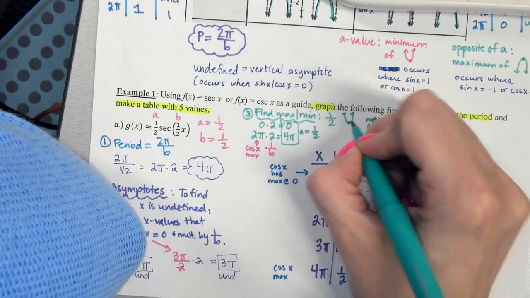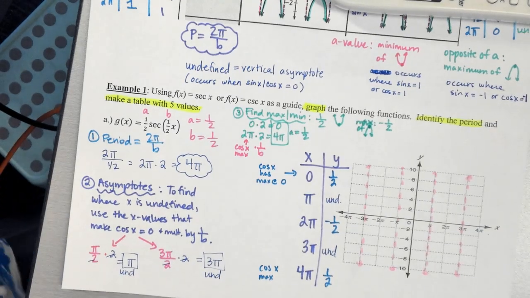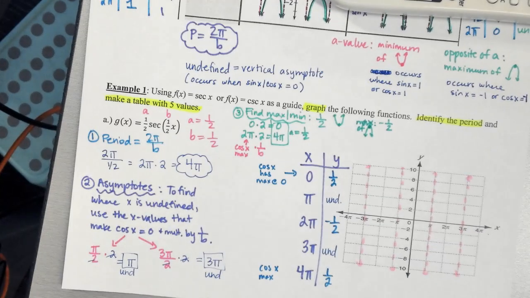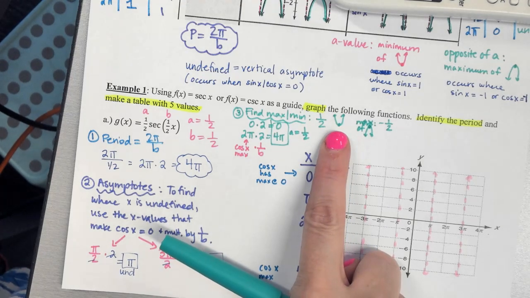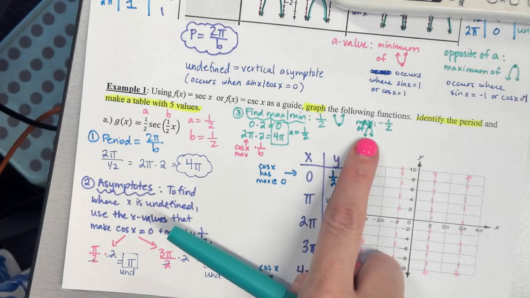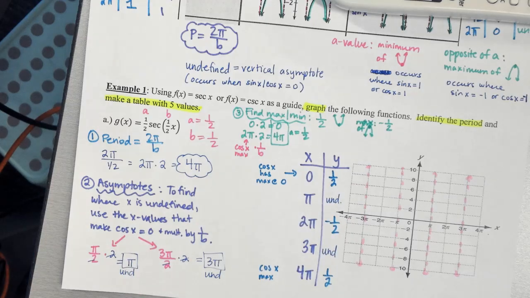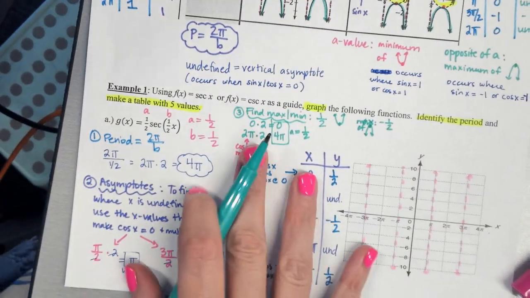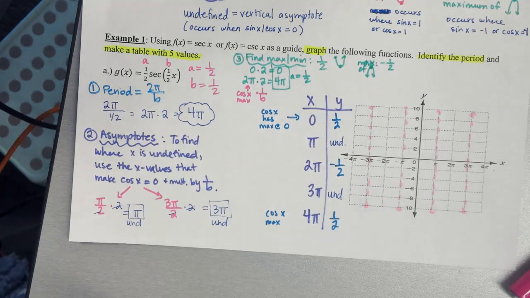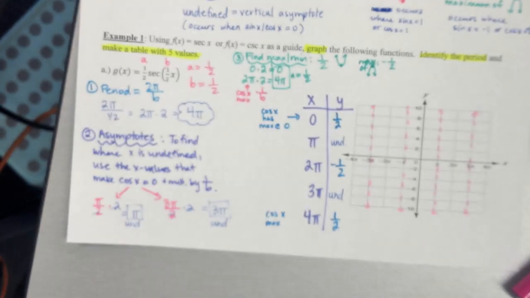The min of your parabola. But that was confusing people a little bit today. It's your max of your parabola, and the min of your parabola is the max of the opposite. So the min of this is the max of your reciprocal function. The max of this is the min of your reciprocal function. So I thought it'd be easier if you can label them. This is your max and your min.